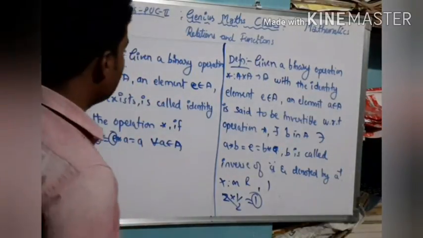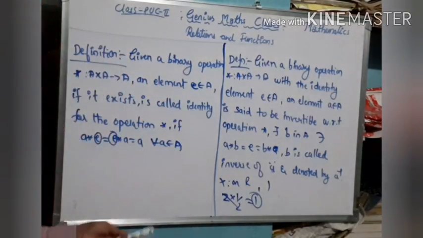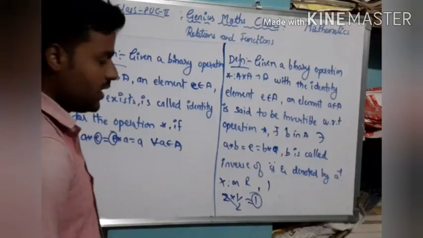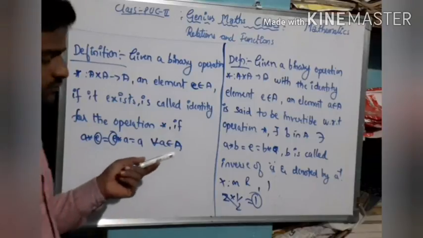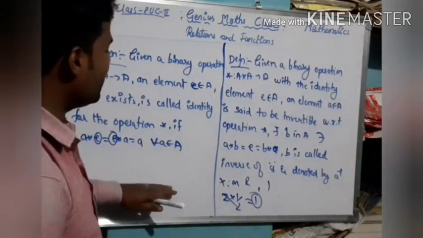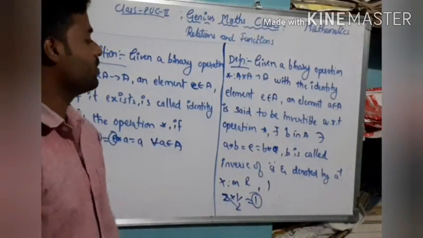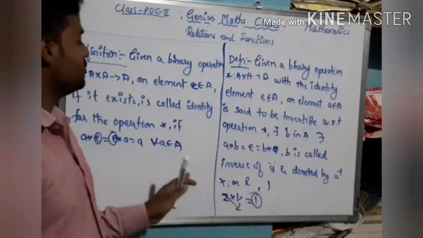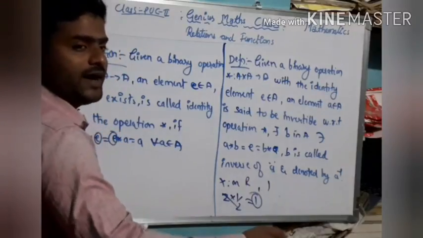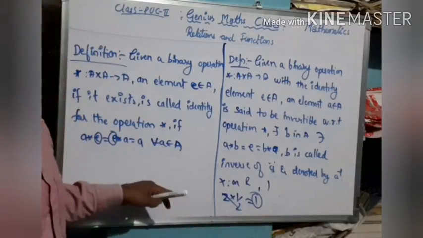So these four operations are very important in binary operations. This will lead you to important mathematical concepts called abstract algebra and modern algebra, and to the higher mathematics of group theory.